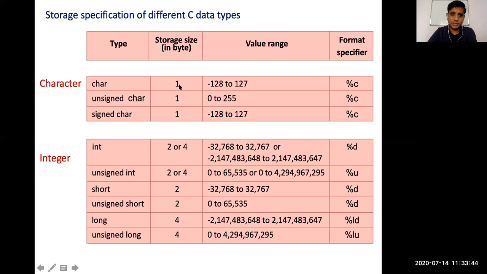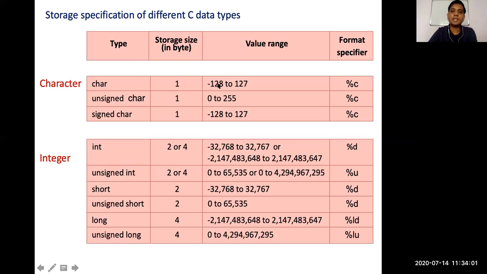The size is 1 byte and the range is -128 to +127. The meaning is, in 1 byte of memory, you can store a maximum of 127 and a minimum of -128.